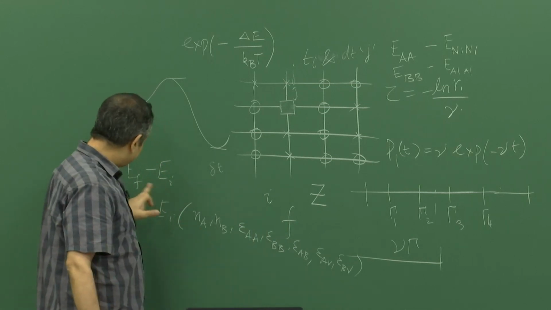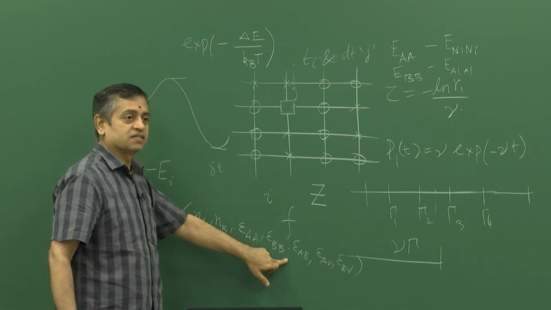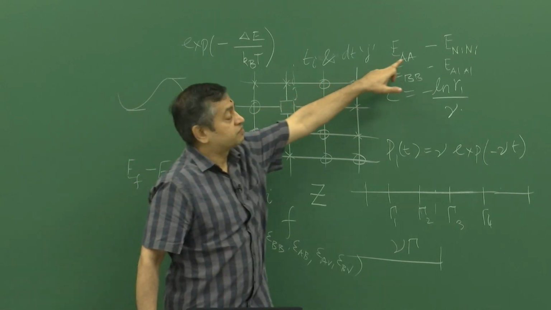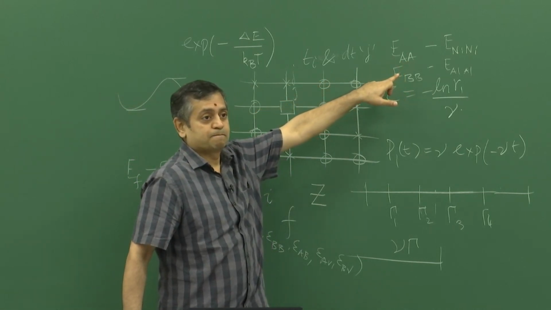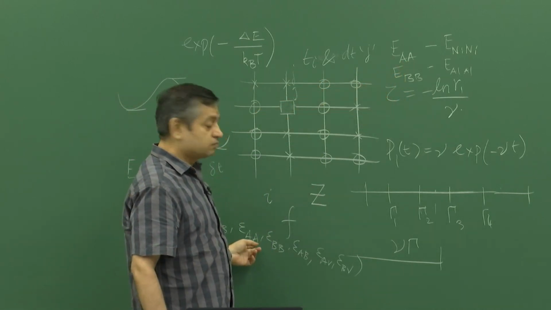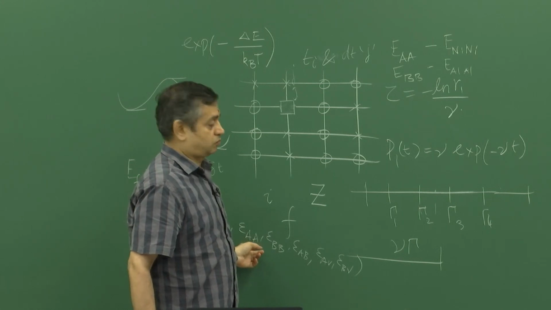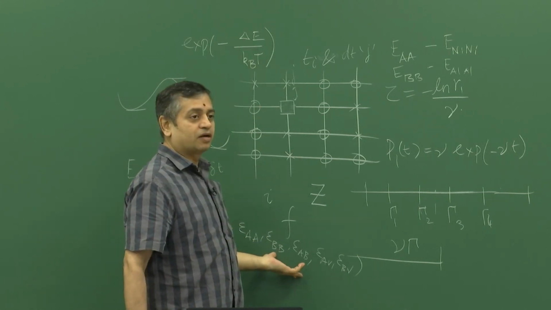So, these E_I and E_F are all functions of this. This is what we calculated from the cohesive energy, right. So, this energy will be the same order as those energies.